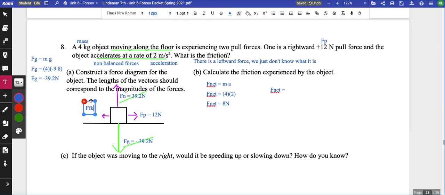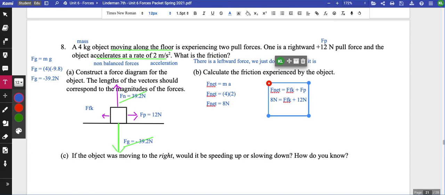I just don't know what the magnitude is. But I know that my net force is equal to FFK plus FP. So I know that my net force is 8 newtons, I don't know what my FFK is yet, and I know that my FP is 12 newtons.